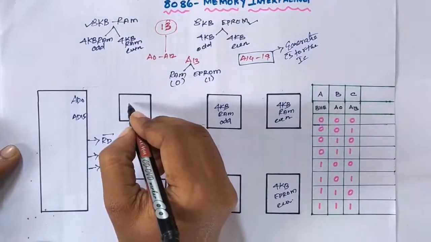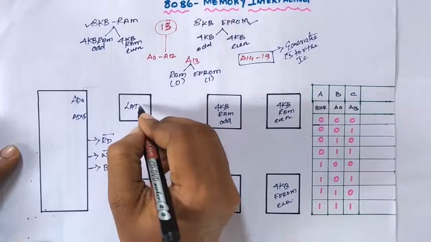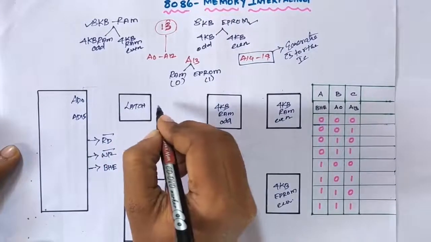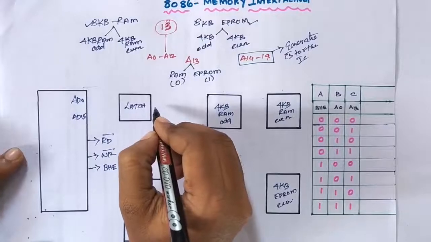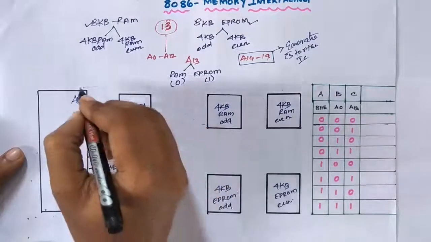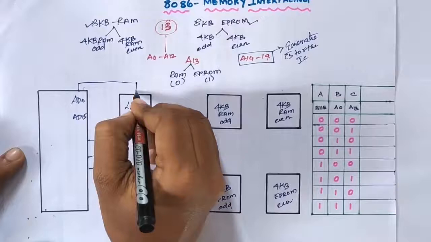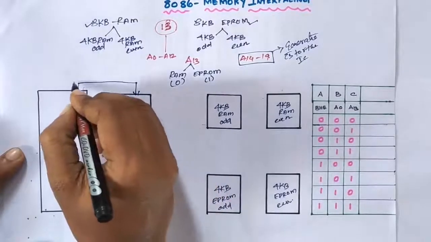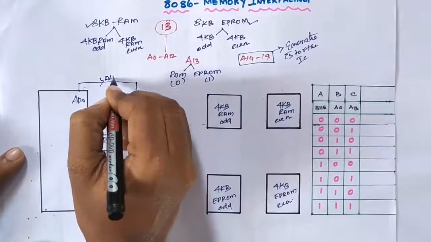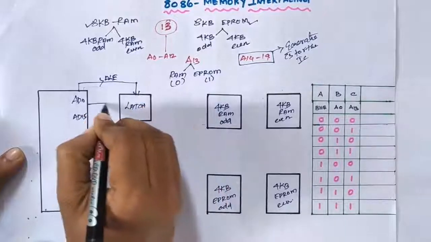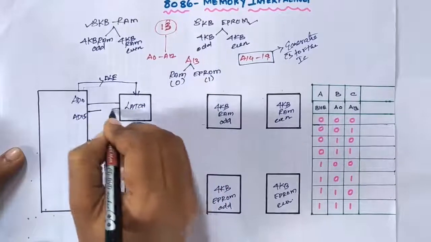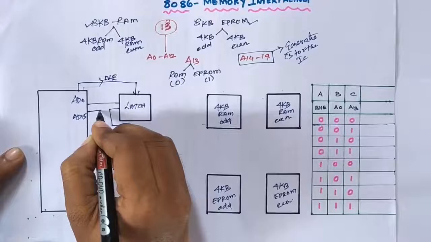This box represents the latch circuit. Through the latch we can separate the address and data lines, or with the help of the ALE line, the address latch enable, we can demultiplex the address and data lines.